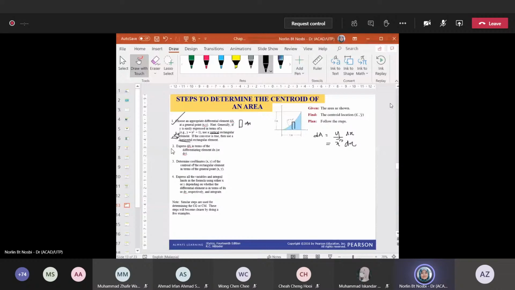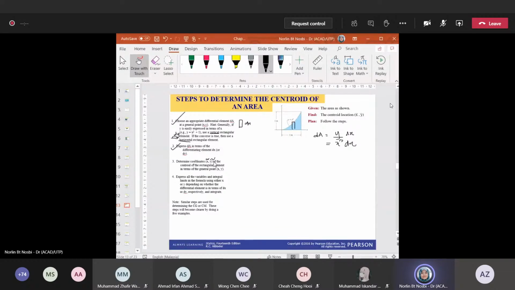Step 3, you need to find the coordinates x tilde and y tilde. Oh, the tilde ran away. It would be x tilde and y tilde. So you need to find the coordinates of x tilde and y tilde. What are x tilde and y tilde?